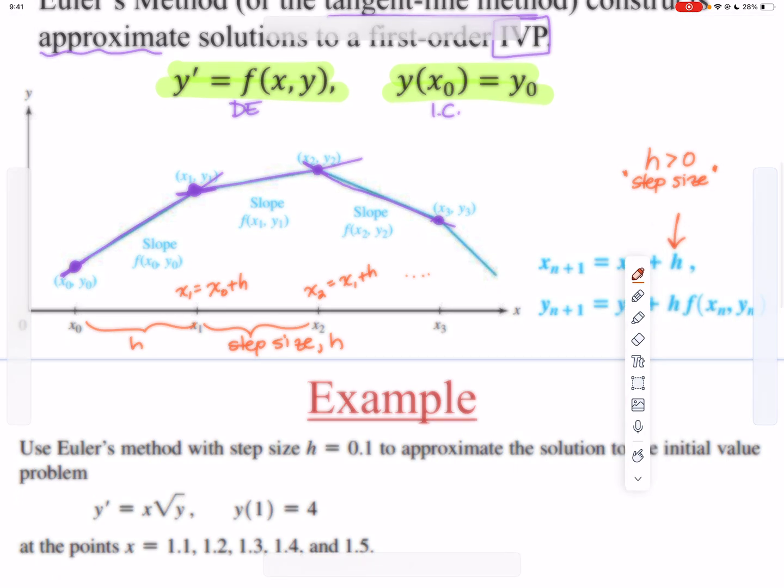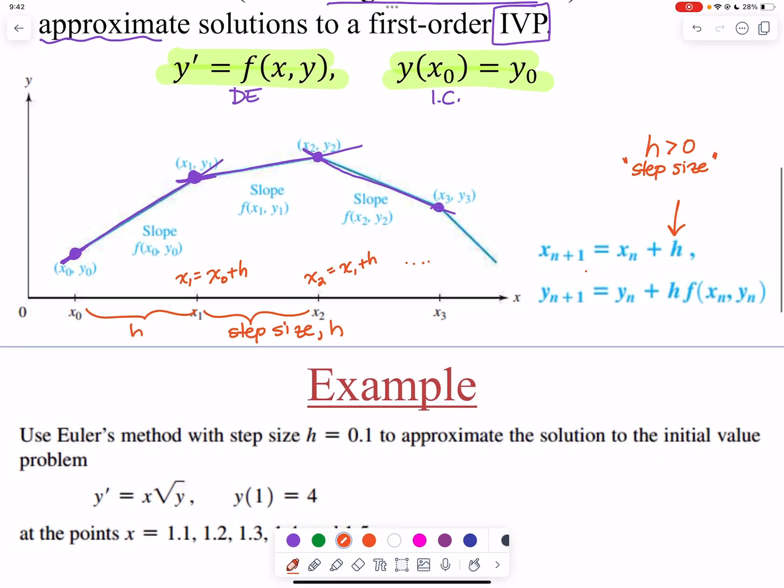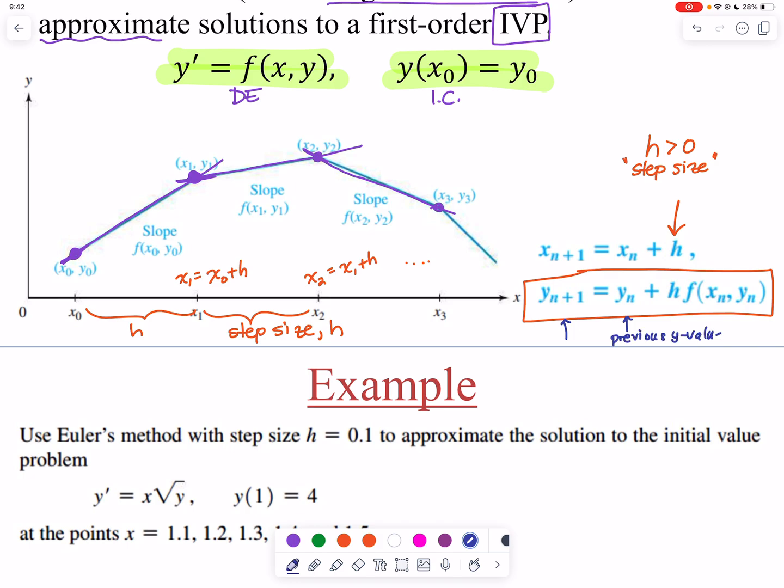And basically this is the formula. This is Euler's method right here. And so what does this tell us? Our y value for n plus 1 is equal to the previous y value, y sub n, plus that step size multiplied by the function, and that's going to be the derivative.